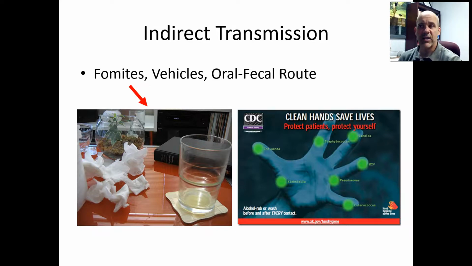For example, HIV does not persist on fomites for any length of time. Thank goodness. Imagine if you could contract HIV by picking up some Kleenex that was used by a patient who was infected with it. All right, then we have vehicles, and then we have the special case of the oral fecal route that we'll talk about as well.